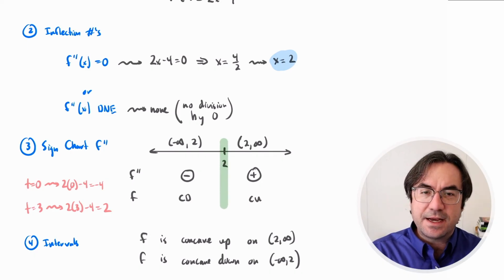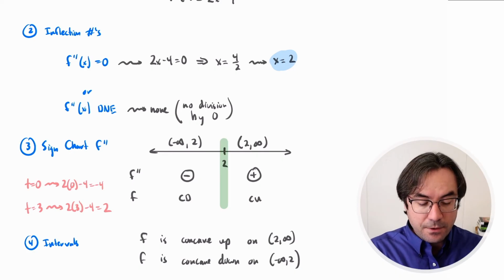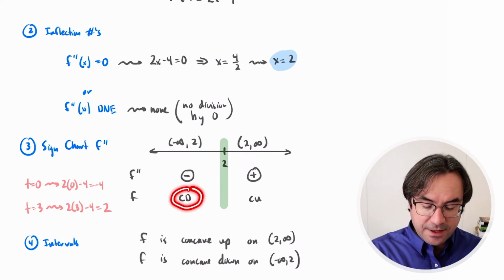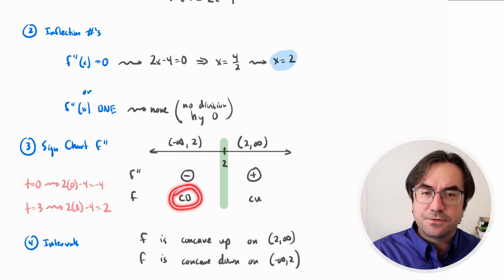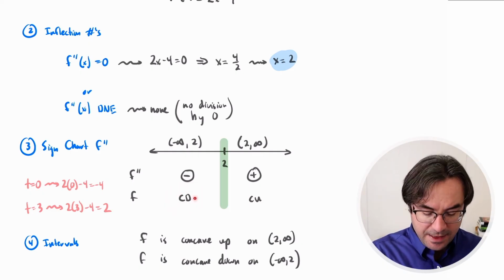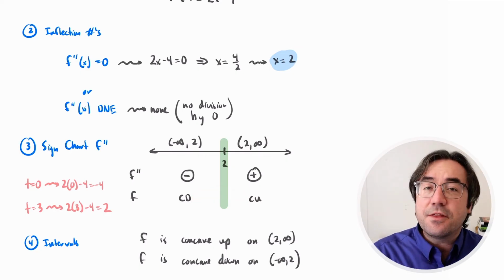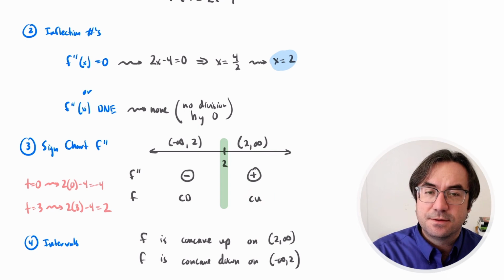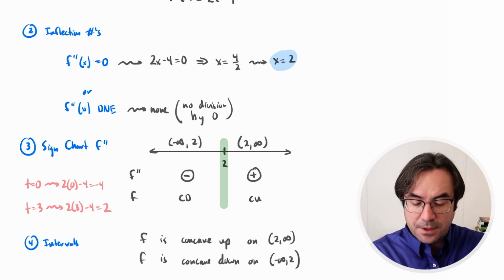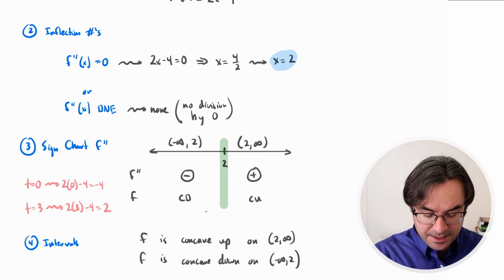So if we go to that x value on our sign chart here, x equals 2, what we see is that on the left side of x equals 2, our original function's concave down, and then when we get to the other side of x equals 2 on the right there, our function switches and is now concave up. So there is a change in concavity.